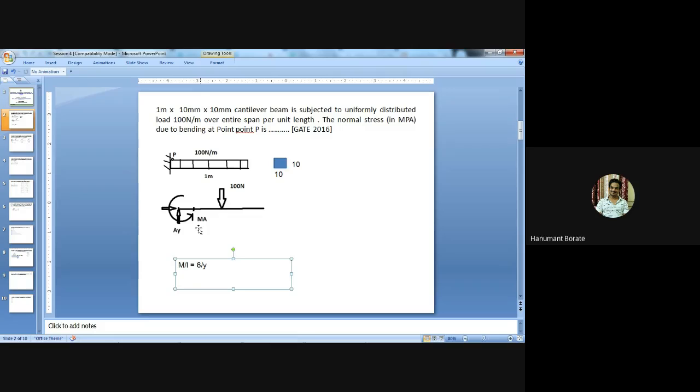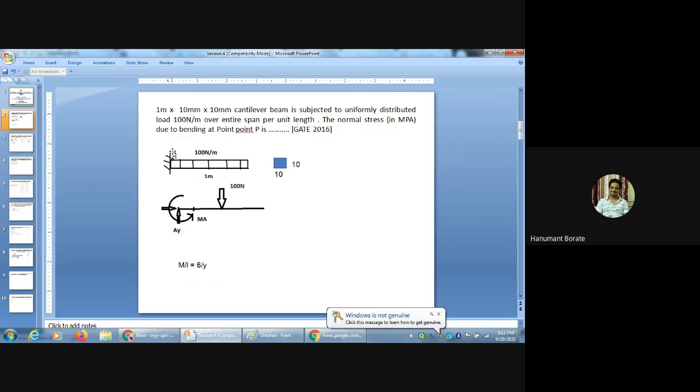M, we need to calculate the maximum bending moment. If we use the concept of shear force and bending moment, then we need to take sections just left of A, just right of A, and at the end, point B. So we need to calculate the bending moment at 2 points only.